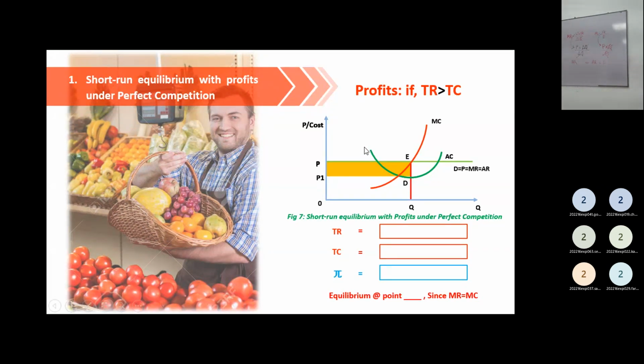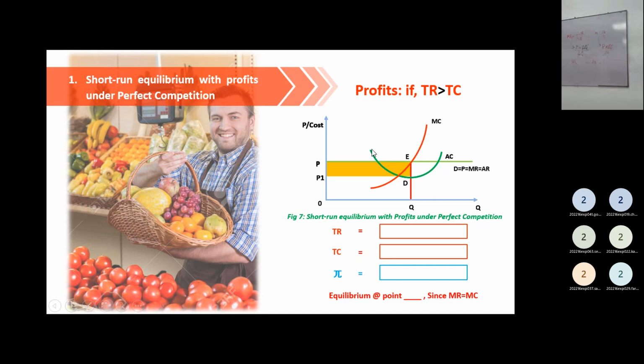In a perfect competitive market, you know that the demand curve is perfectly elastic. Accordingly, this is their demand curve, and it is equal to their average revenue, marginal revenue, as well as their price. That is the rationale why this curve is horizontal. Then you have your marginal cost, which is upward sloping.